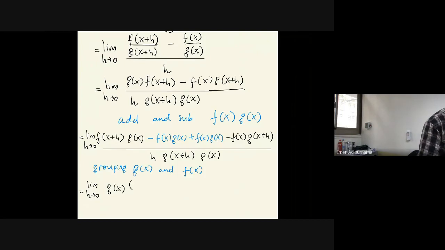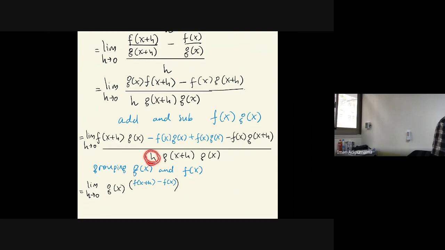Let me write with blue color. So f(x+h) minus f(x). And then I will skip some process.